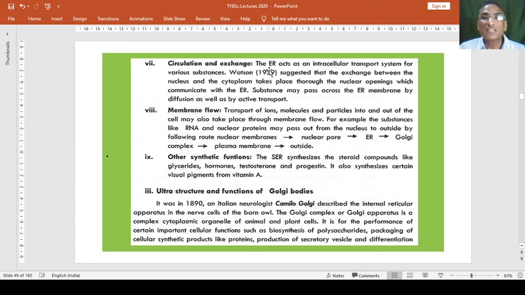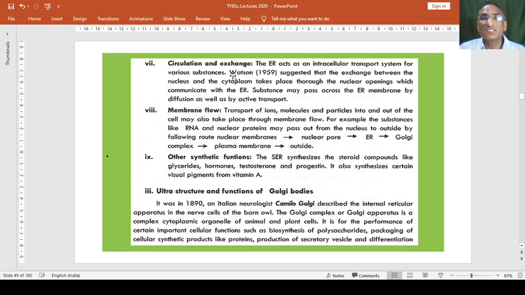The endoplasmic reticulum acts as an intracellular transport system for various substances. Watson in 1959 suggested that the exchange between the nucleus and cytoplasm takes place through the nuclear openings, which communicate with the endoplasmic reticulum.